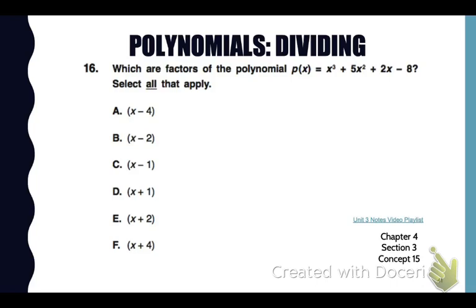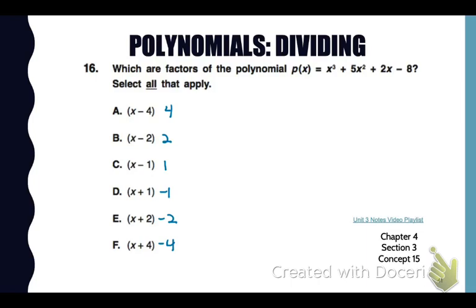If you try to factor that polynomial, it will not factor for you. So what we're going to do is take each of those numbers and use synthetic division to check. That would be positive 4, positive 2, 1, negative 2, and negative 4.